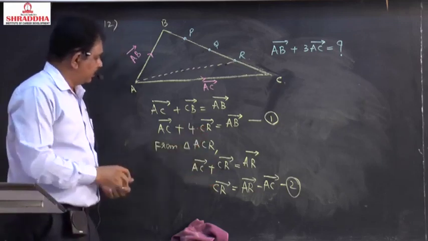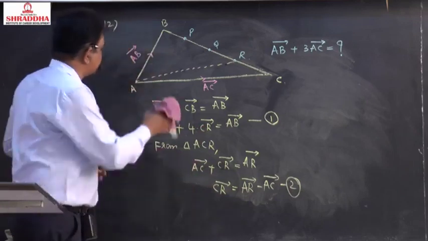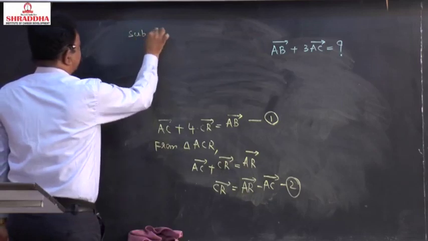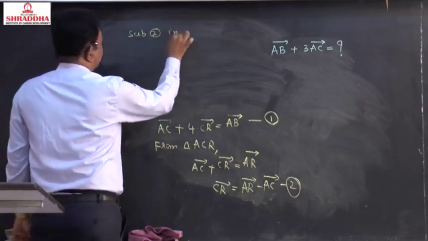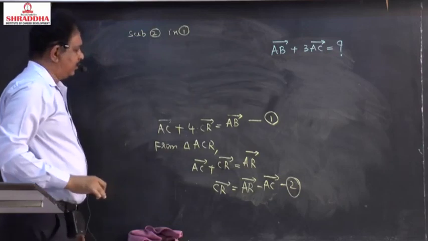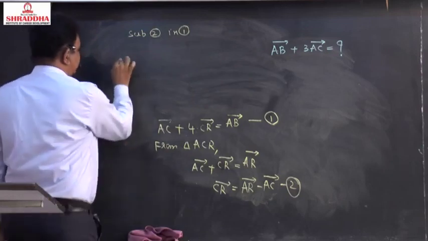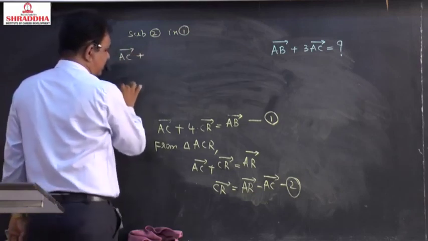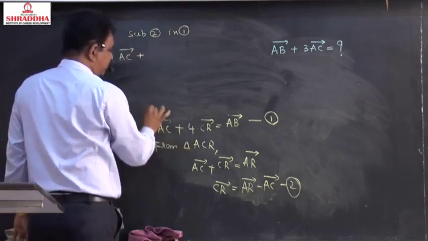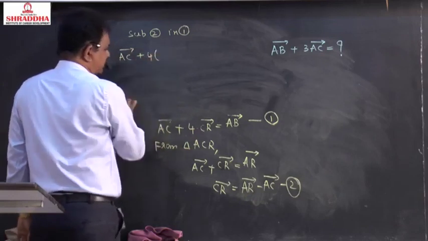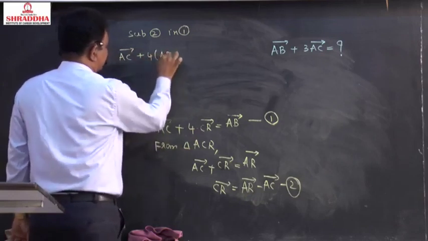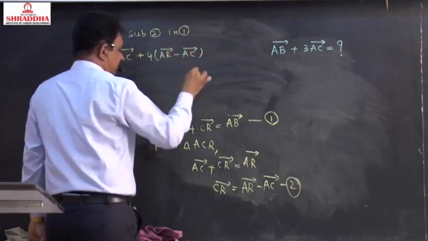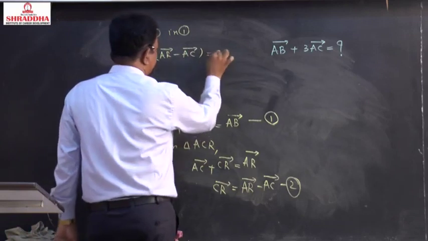Yes, I am rubbing this, the space is not there. Substituting 2 in 1, what will we get? AC bar plus CR bar, meaning 4 into CR bar, meaning 4 AR bar minus 4 AC bar, is equal to AB bar.